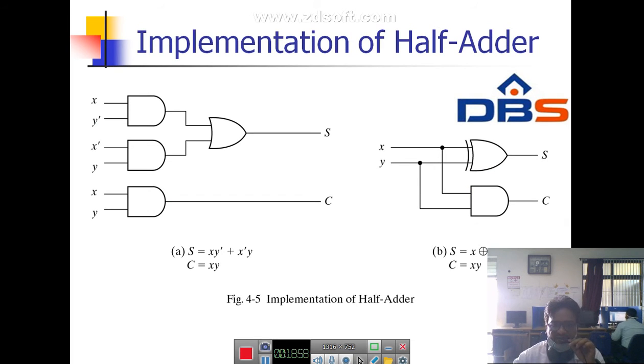Here, to get the sum we have to take x y bar and x bar y with AND functions, which are given to an OR gate. We get the sum function, that is S is equal to x y bar plus x bar y.